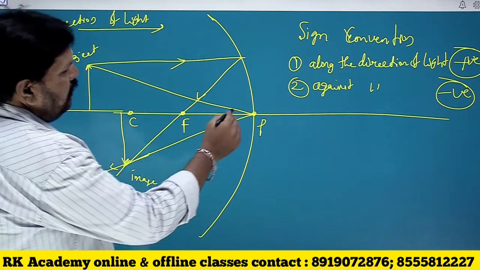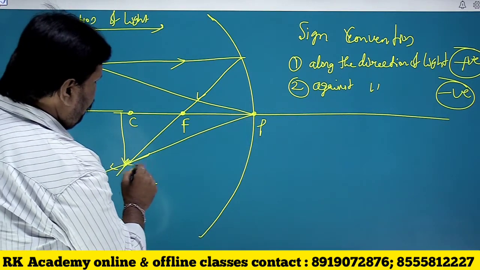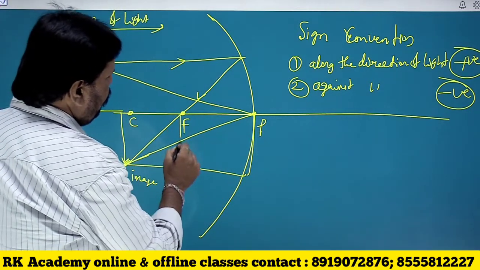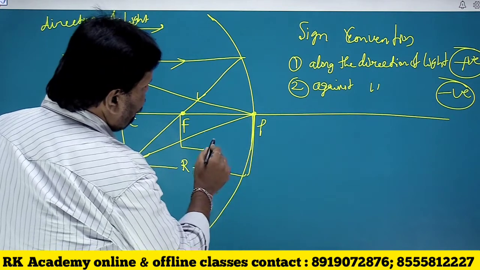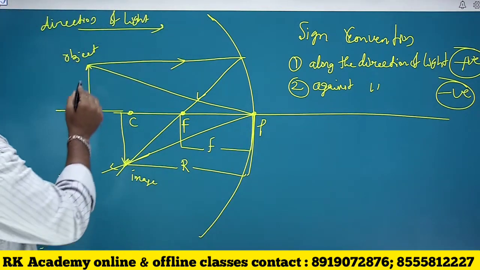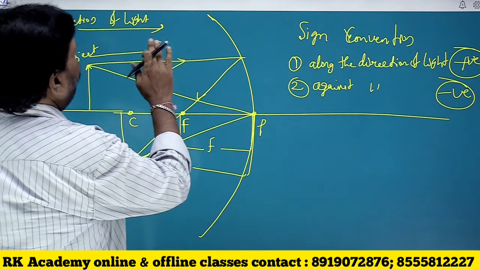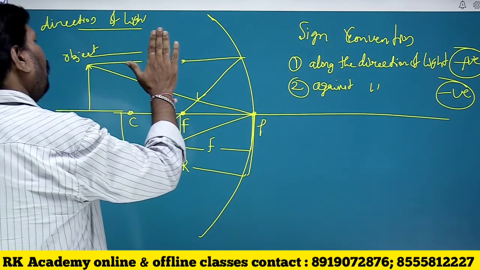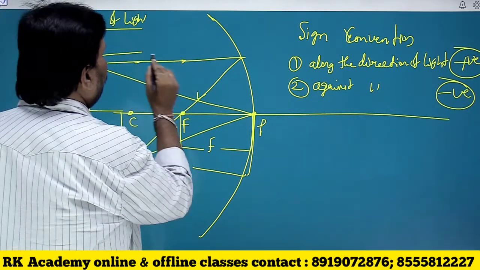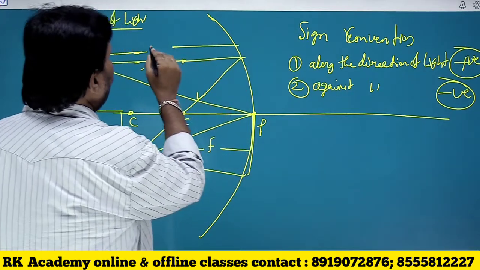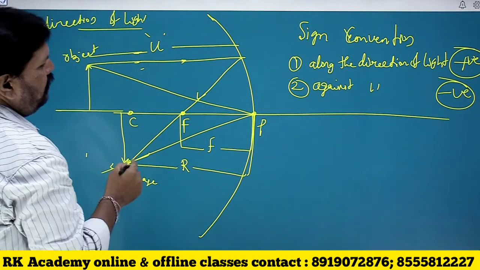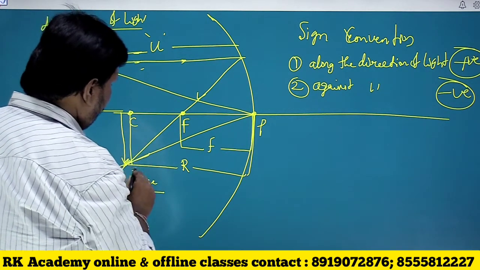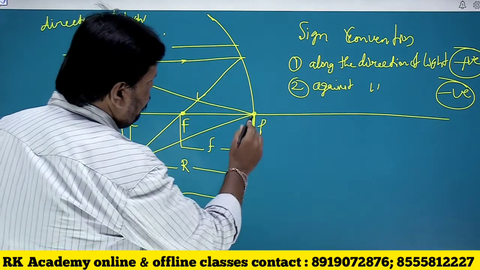In the sense, all distances are measured from pole. Pole to center of curvature is known to be radius of curvature. Pole to focus is known to be focal length. And pole to object is known to be object distance, and pole to image is known to be image distance.